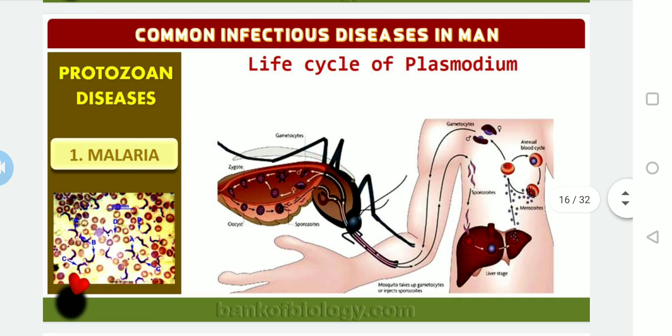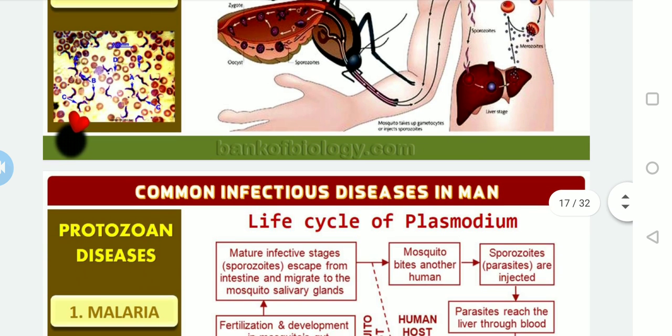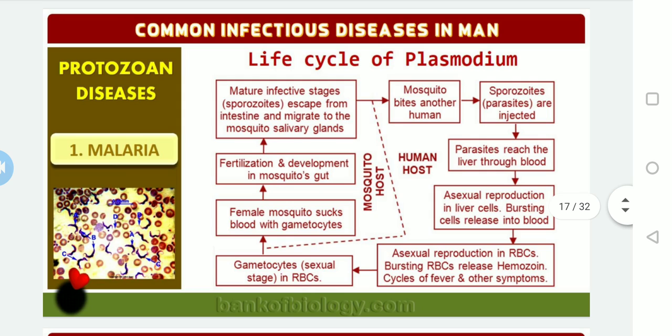Whenever it comes to the life cycle of the Plasmodium, how does it cause the damage? Let us study the life cycle of the Plasmodium so that we can identify the stages in the life cycle. Why study it? If we know the life cycle of the Plasmodium, we can avoid further infection. This is a simplified diagrammatic representation of the cycle.